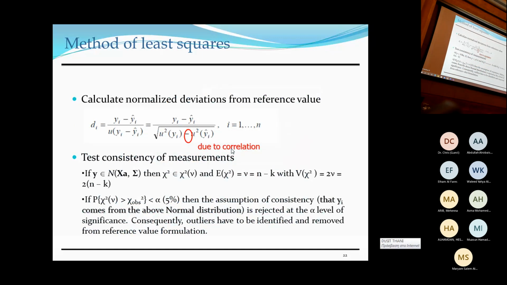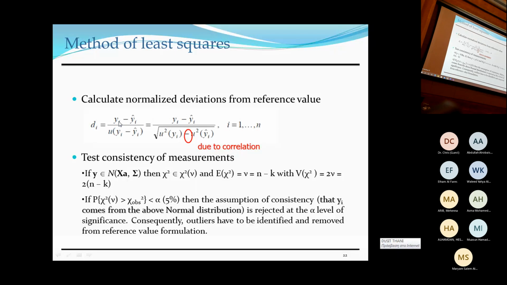The next thing someone does in the method of least squares is to try to determine whether the measurements of each one of the participants is consistent with the calculated reference value. And in order to do that, the normalized deviations from the reference value are formed.